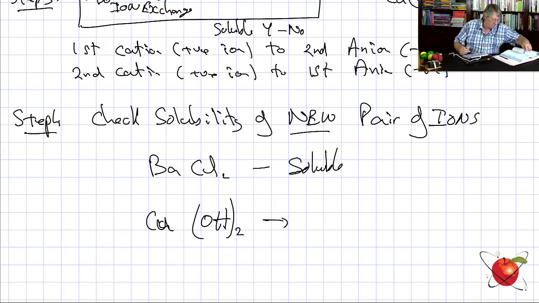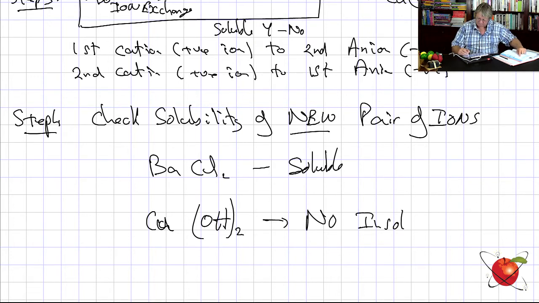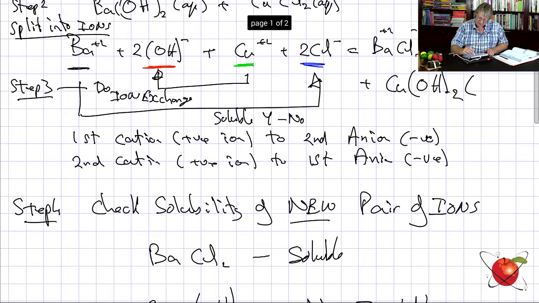Let's check. Copper hydroxide, no. It's insoluble. Okay? So therefore, what happens? We get the copper hydroxide becoming a solid.